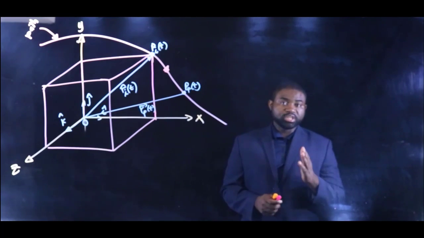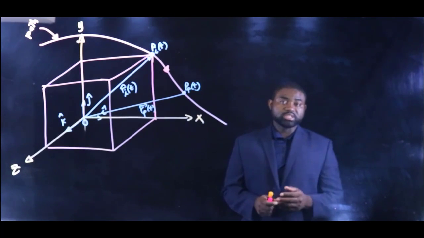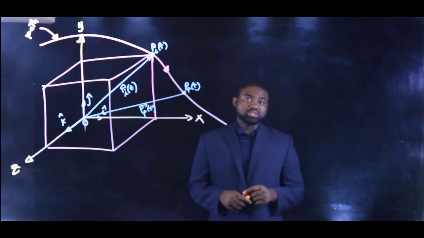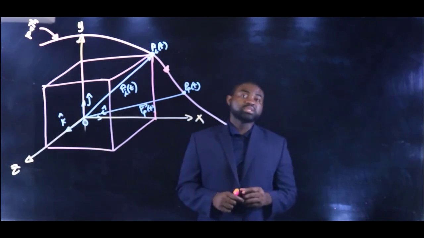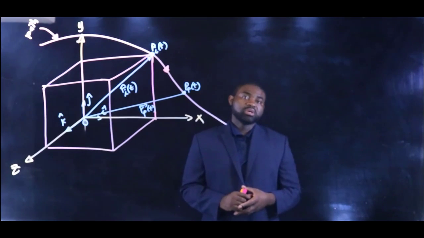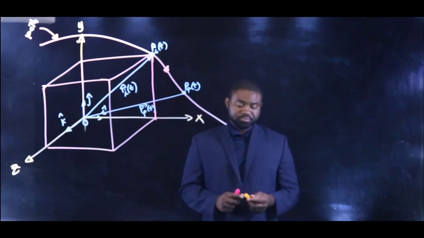Recall that the change in position in a particular direction defines what we call the displacement. So in short, we can define the average acceleration of an object simply as the displacement of a system or particle divided by the time taken.